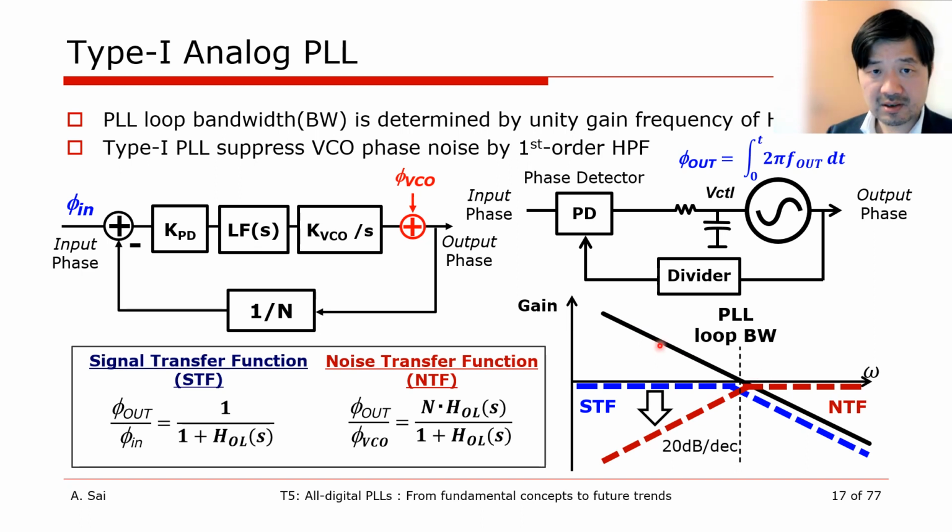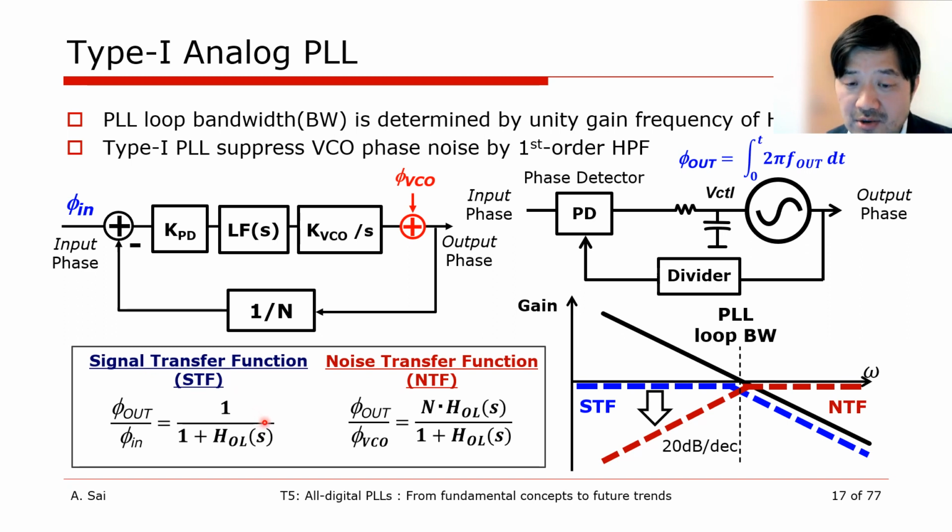Next, the Type 1 PLL loop bandwidth and signal transfer function and noise transfer function will be explained. PLL loop bandwidth is determined by the unity gain frequency of the feed-forward gain. Signal transfer function STF is a transfer function from the input to the output phase of PLL and is expressed like this.